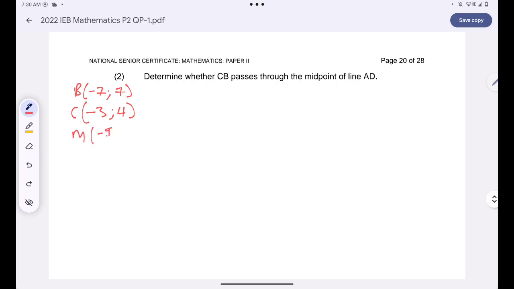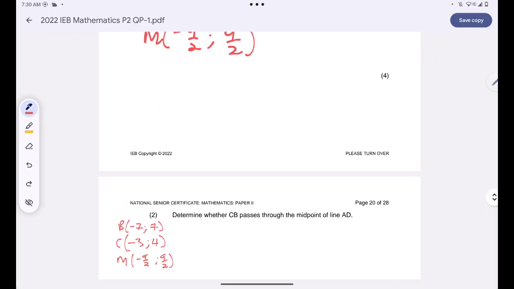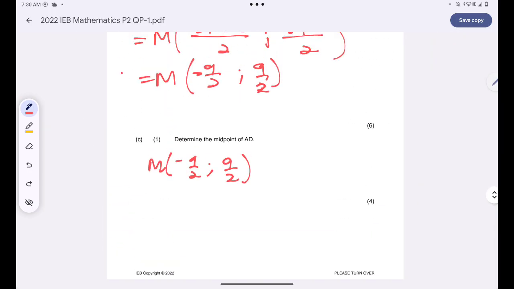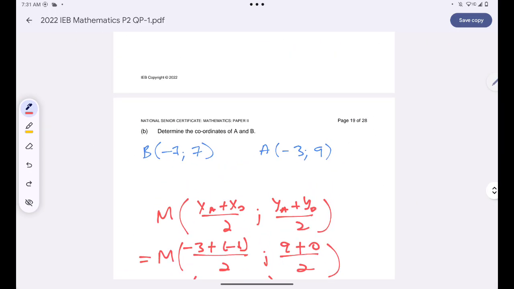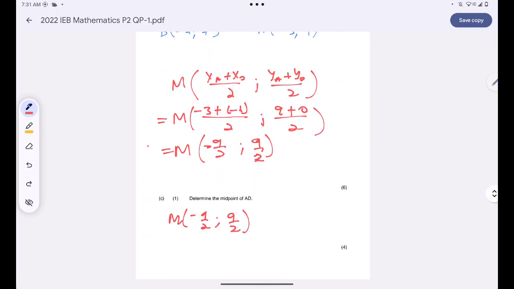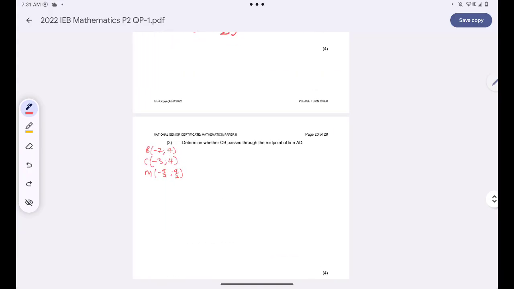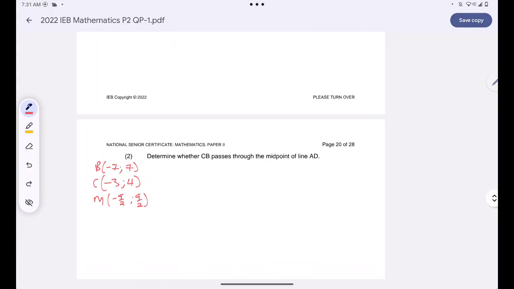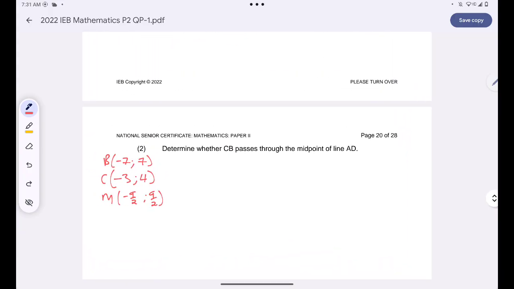I just got negative 9 over 2 and positive 9 over 2. Let me confirm the coordinates of the center. Here it is, negative 3 and 4. Okay, if I can show that these 3 points are collinear, then I can conclude that CP passes through the midpoint. How can I do that?